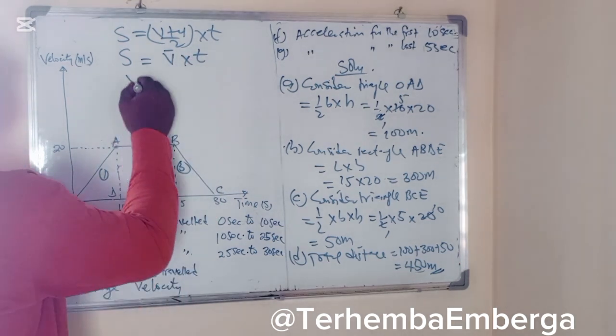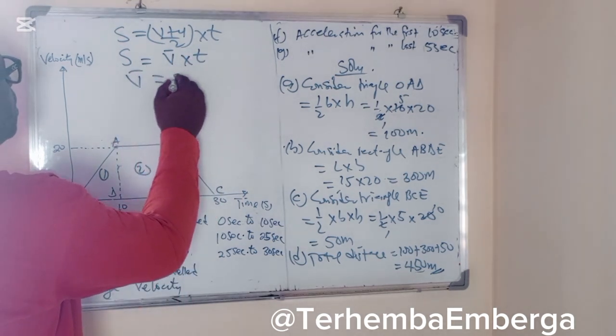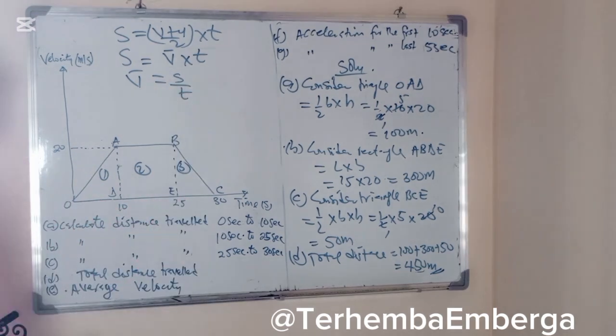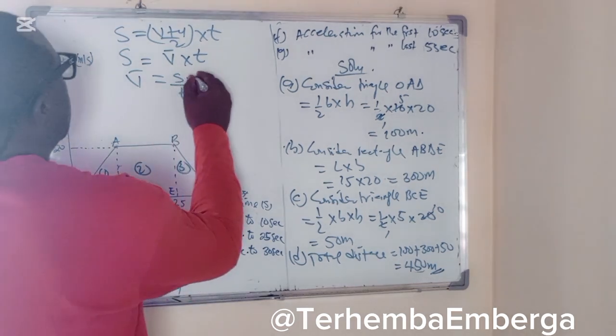So the average velocity will be equal to S over T, that's the total distance traveled over the total time covered.